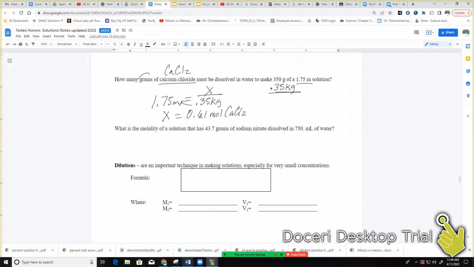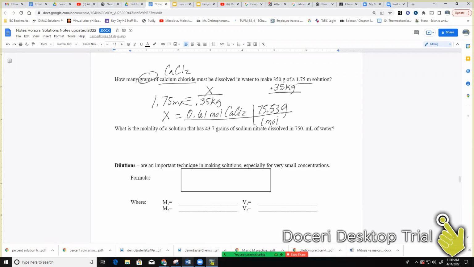And now, because like I said, you can't really measure moles on a balance or scale, I need to change it to grams. That's more realistic. So I would have to look up the molar mass, and the molar mass of calcium chloride is 75.53 grams.